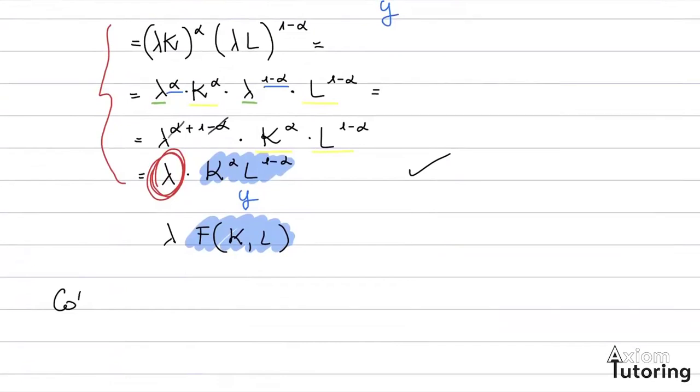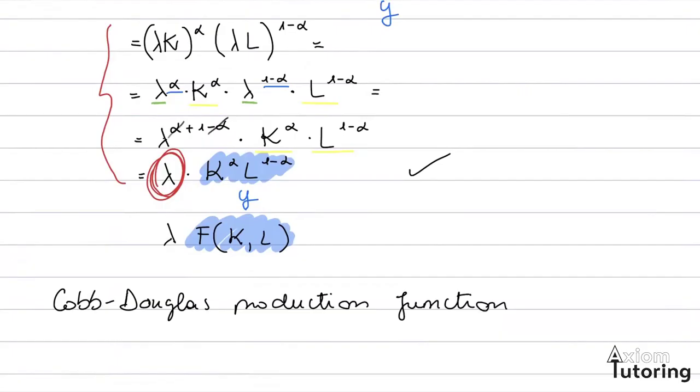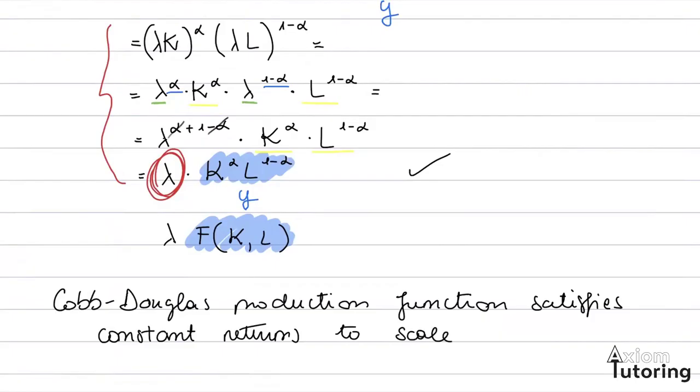So the Cobb-Douglas production function satisfies constant returns to scale. And since we've seen that it also satisfies positive and diminishing marginal product, it looks more and more as if this is an amazing shape for our production function in the Solow growth model.